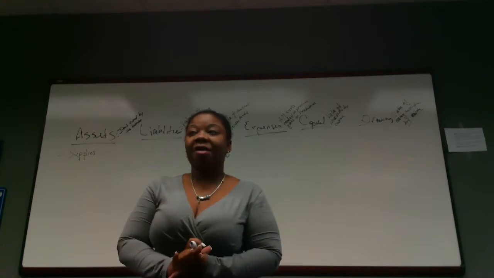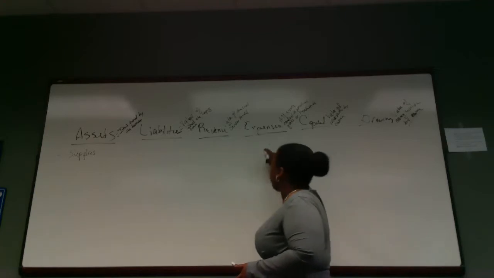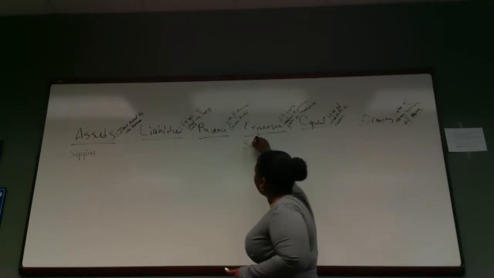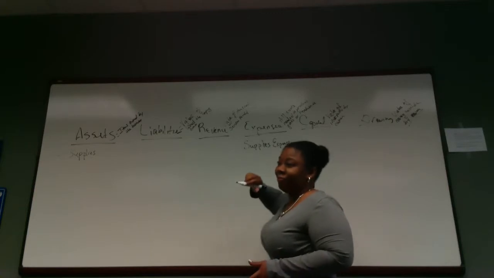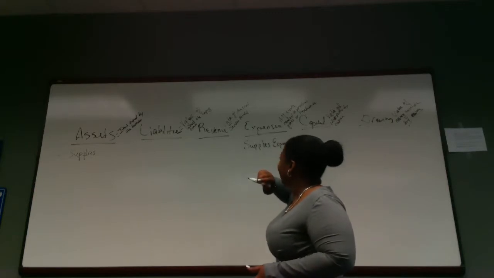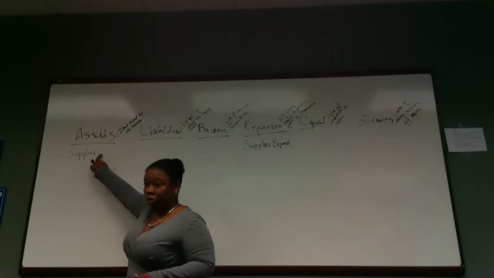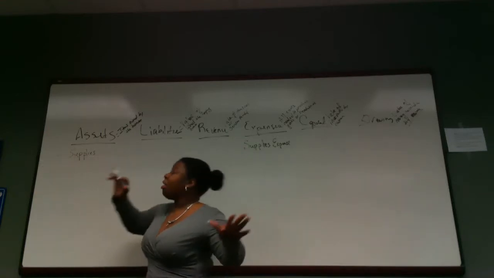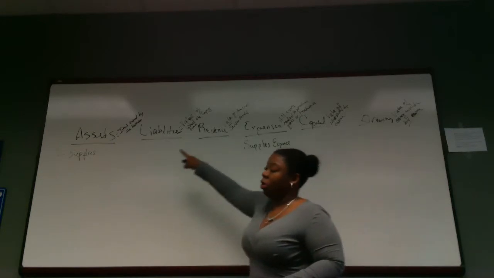So these are supplies that have not been used yet. And the reason I'm also going to give you supplies expense is because those are two different categories and they mean different things. Supplies is the value of them when you purchase them and they're here. Supplies expense is the value of what you use of those supplies.